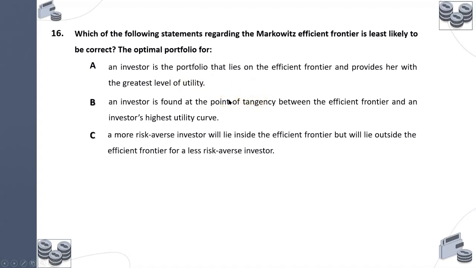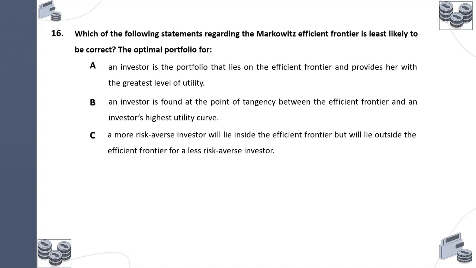If you want to construct an efficient portfolio, that portfolio has to be on the efficient frontier. It's a curve. Any point on that curve will be efficient given the risk appetite of the investor. Any point, let me repeat this, any point on that frontier, that curve, is efficient.